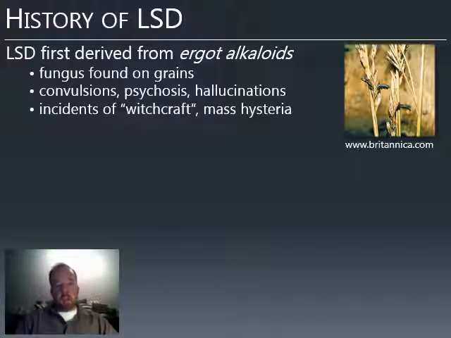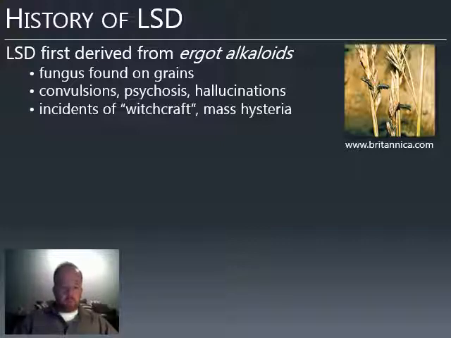Ergot alkaloids have possibly been theorized to have been involved in other incidents of mass hysteria. So if you look at so-called dancing mania in the medieval era, or even what was called the Great Fever of the French Revolution, if you have a lot of people all at once taking these ergot alkaloids in, then you've got a large population that is hallucinating.